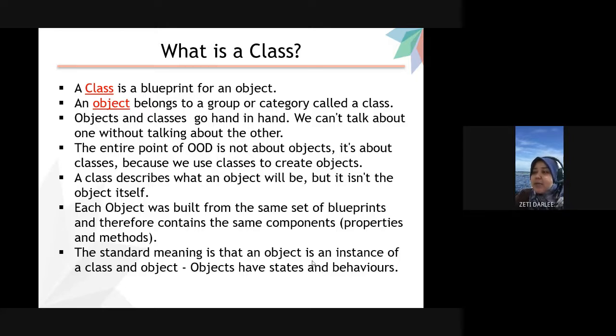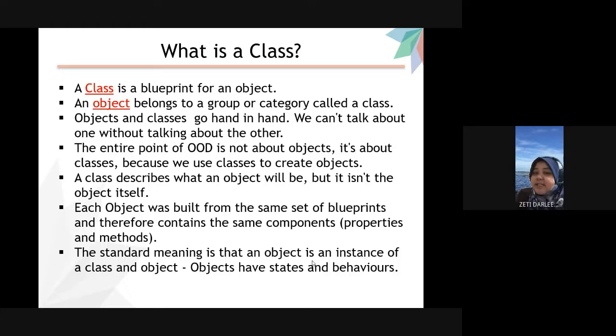Each object was built from the same set of blueprints, and therefore it contains the same components. So it comes from the same container, tapi probably they can have different types to it, and which have a specific behavior on each of those object types, which belong to the same class. Begitulah lebih kurangnya.